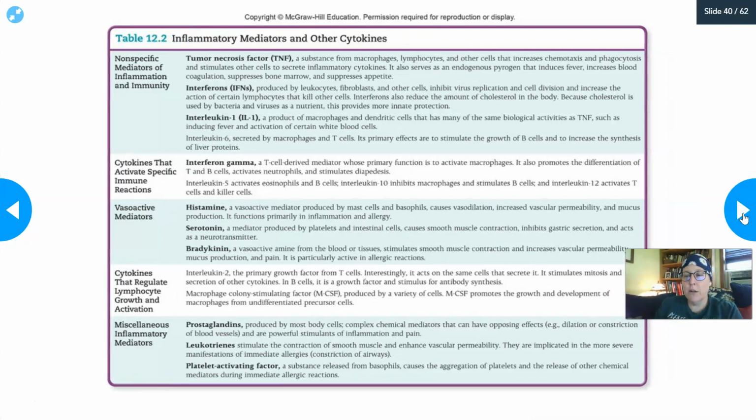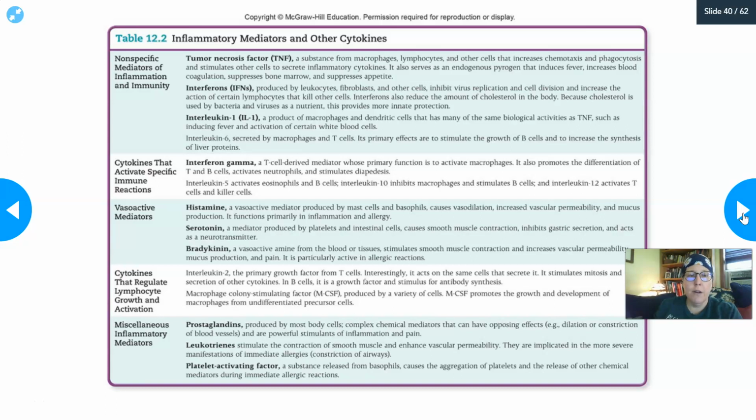So let's talk about a few inflammatory mediators and cytokines. Some of the non-specific mediators of inflammation and immunity. Again, these are some of the chemicals that can cause chemotaxis. So we have tumor necrosis factor, and I'll let you read more detail about each one. I want you to know these, at least be familiar with these names.